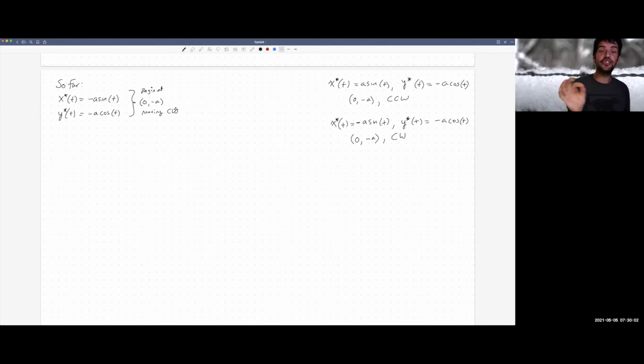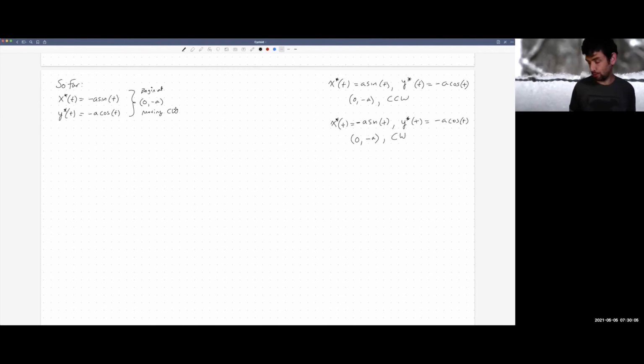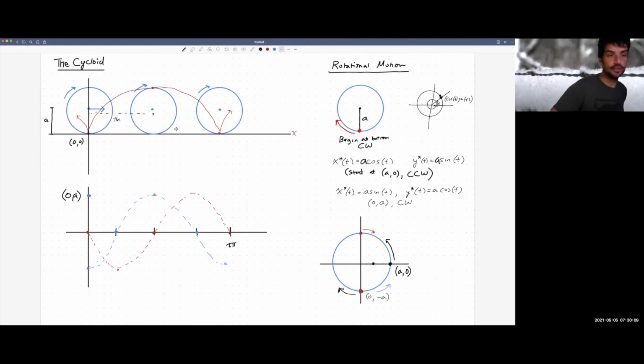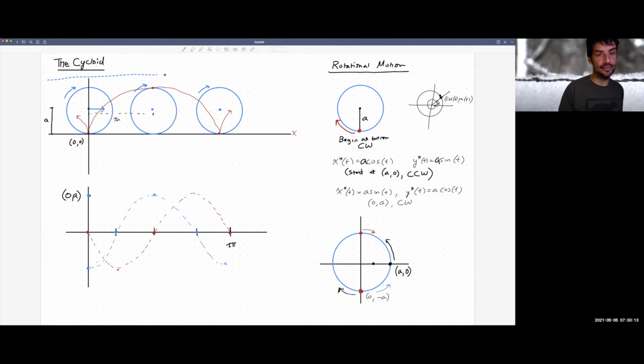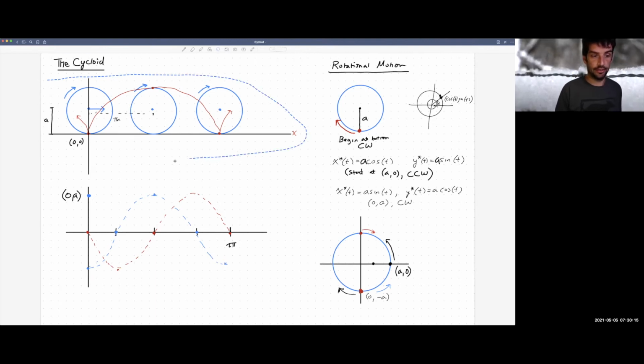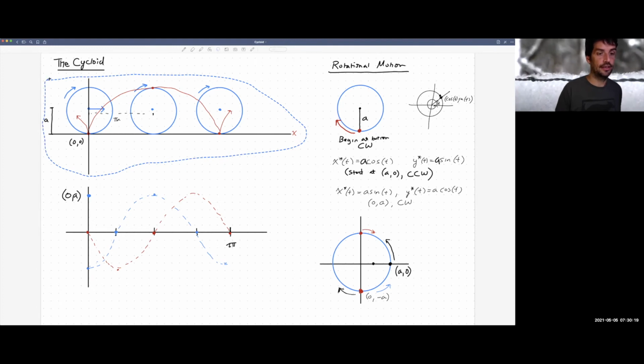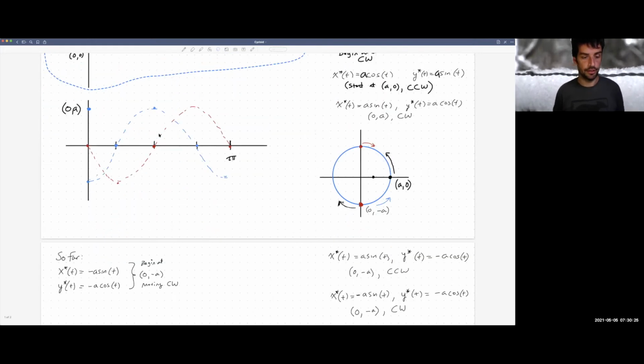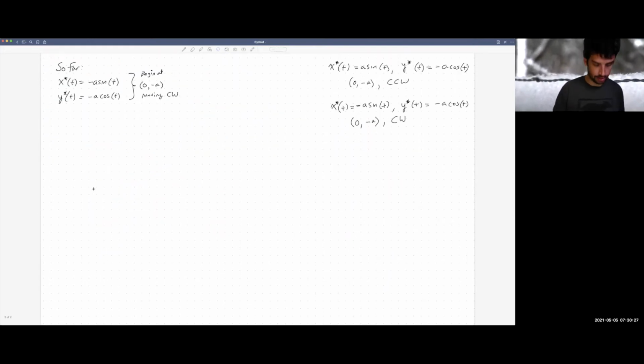We want to change the point that it's rotating around. Remember our picture. In fact, let's bring this picture down. We're not rotating around the origin. We're moving past the origin. The point we're rotating around is above the x-axis, and it's moving to the right. So we'll want this picture down here for the next part.